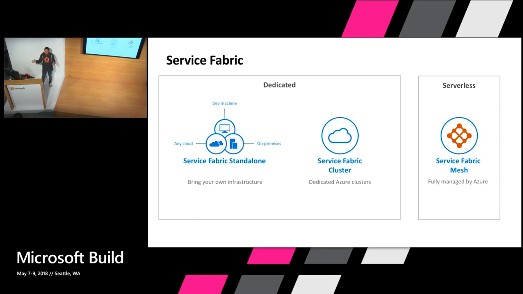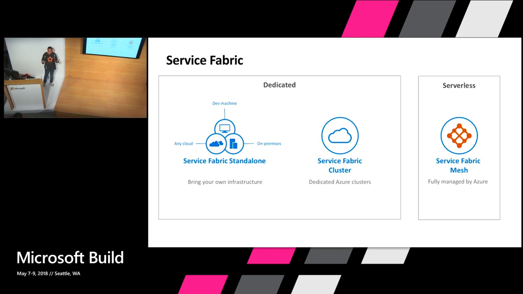Now you can take the same Service Fabric that you run in Azure and run it inside your own data centers, either on bare metal machines, or VMs, or VMs in the cloud, either our cloud or someone else's. And in Azure, there's a really easy way to stand up a Service Fabric cluster by just clicking a few buttons.